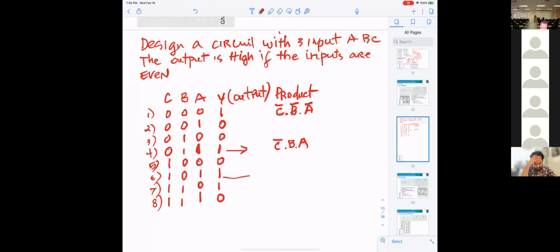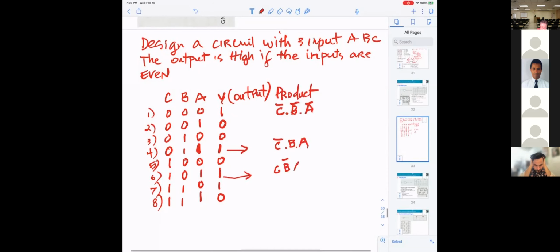How about this guy? C, so that's not C. C, not B. Oh, I mean, C. B is not B, yeah. And then A is just A. Okay, and the last one we get here: C, B, not A.